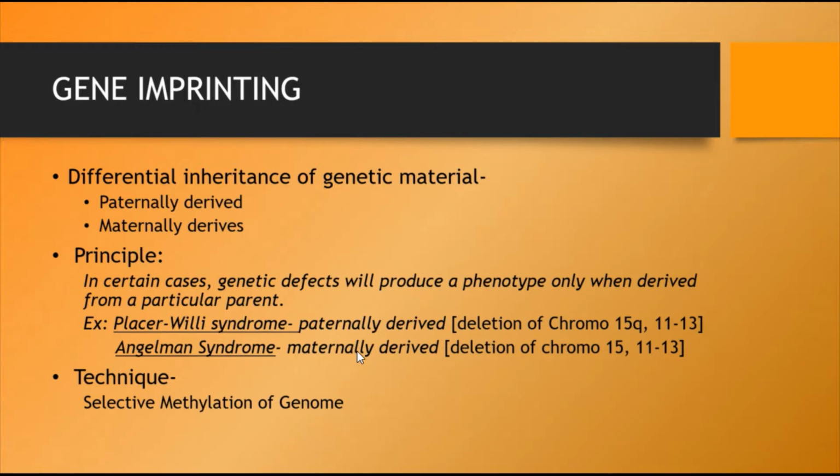And there's Angelman syndrome, which is again maternally derived, and again it is because of the deletion at the segment 11 to 13 on chromosome number 15. Right now, this application is basically based on this technique of selective methylation of the genome. So what is it?